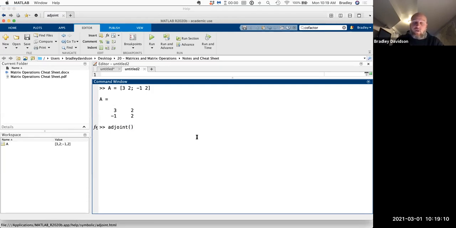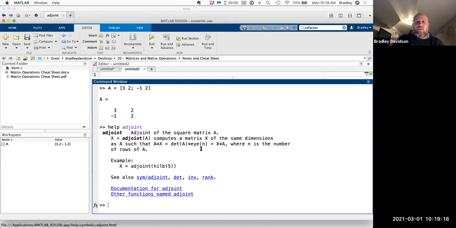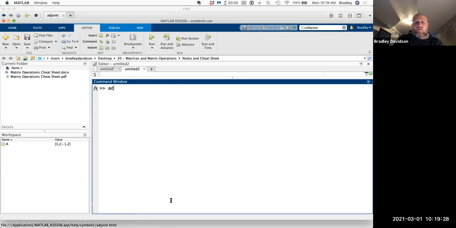And then let's check our intermediate steps by looking at the adjoint. So the function is adjoint. If we do help adjoint, it's going to give us the adjoint of square matrix A. And you can read more about the adjoint in the documentation. And so if we take the adjoint of A, then we get 2, -2, 1, and 3.